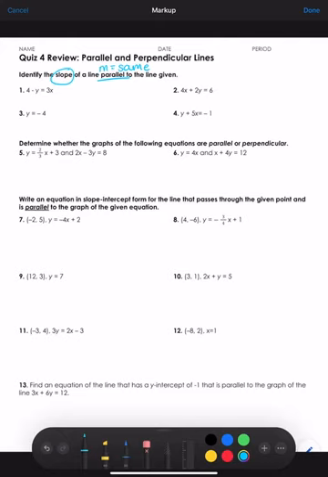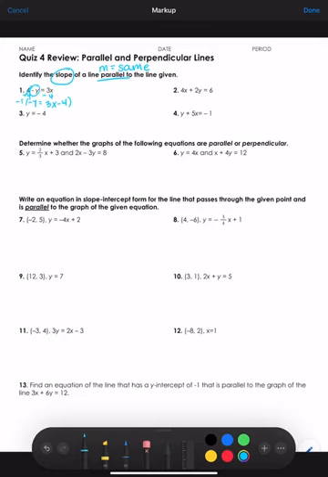In order to find the slope of this line, I need to put it in slope-intercept form, which means I need to solve for y, or get the y by itself. So what I'm going to do first is move this 4 out of the way, and then I'm left with negative y equals 3x minus 4. In order to get rid of that negative, I can either multiply or divide everything by negative 1. I'm just going to multiply to save space.